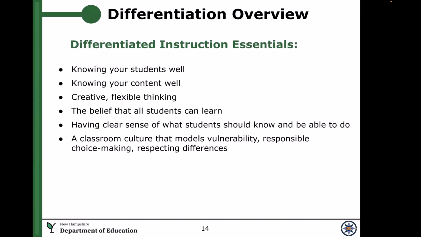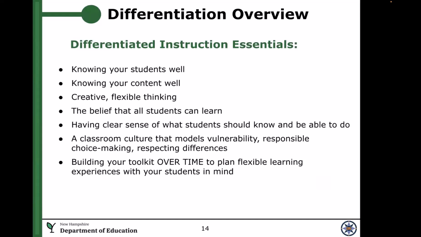We want to have that safe environment for students that's monitoring vulnerability. We want to have responsible choice making and respecting differences in the way that students might learn or the way they might explain their thinking. And again, this is that really looking at the basis of universal design for learning, and that framework is, what do we have in our sort of understanding of the way students learn math?